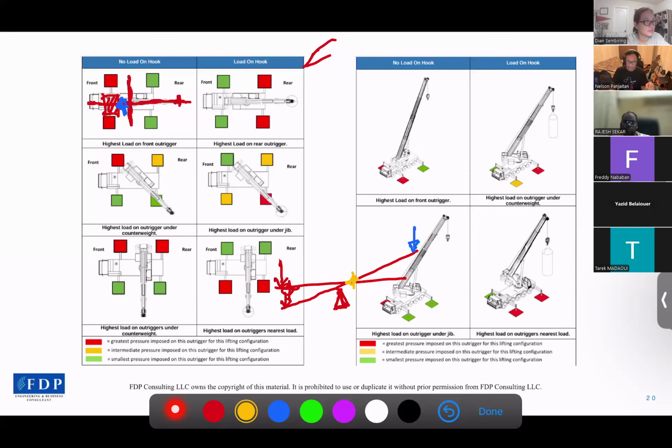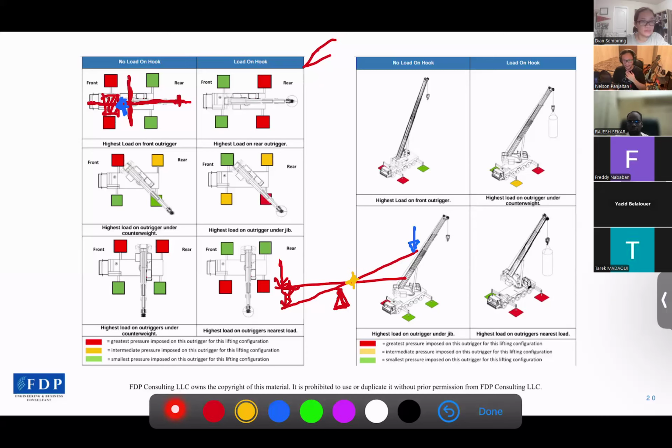So I hope all of us are familiar with the COG calculations before we talk about crane stability. We will see a sample calculation after this.